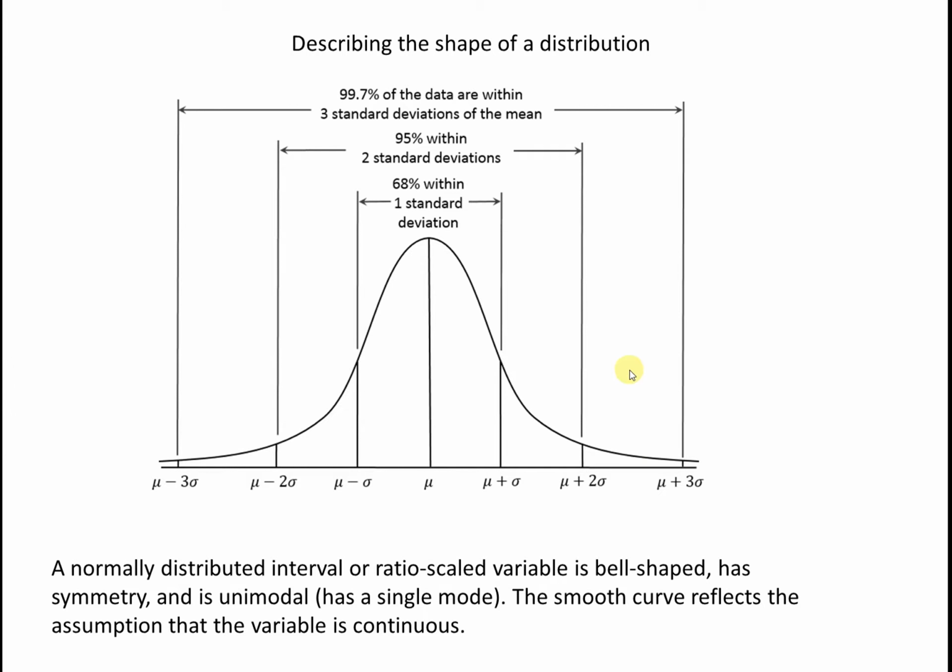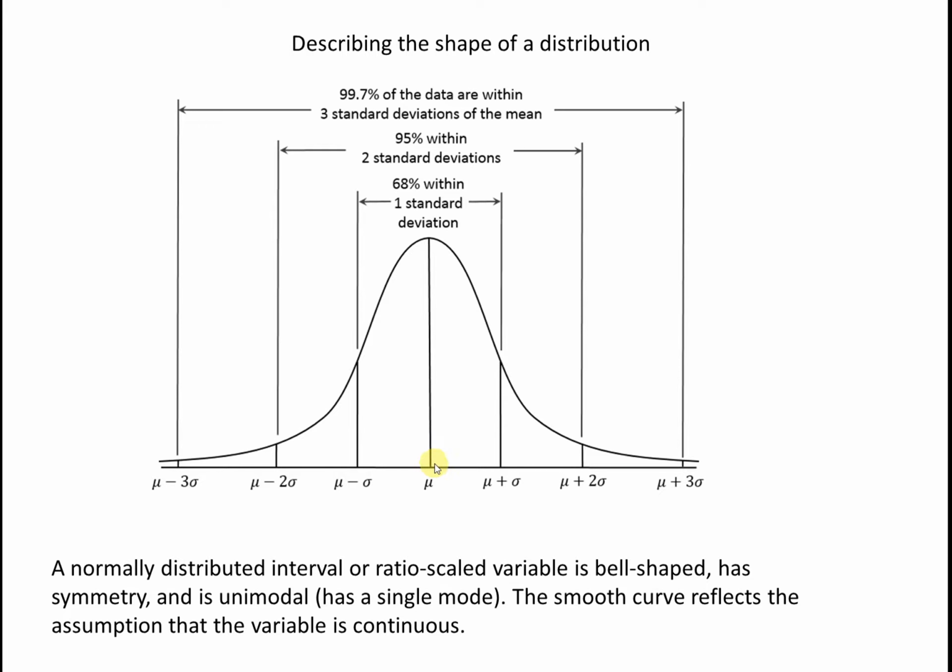All right, so we've talked about measures of central tendency and measures of dispersion associated with interval and ratio level data. We can also describe the shape of a distribution, and we want to keep in mind that there's an ideal shape, which is referred to as a normal distribution. A normal distribution follows this general shape right here, and it's symmetric, bell-shaped, so it looks like a bell, and it's also unimodal.